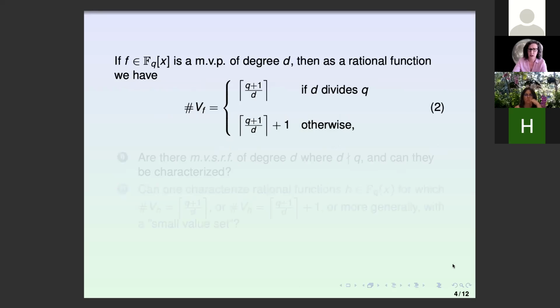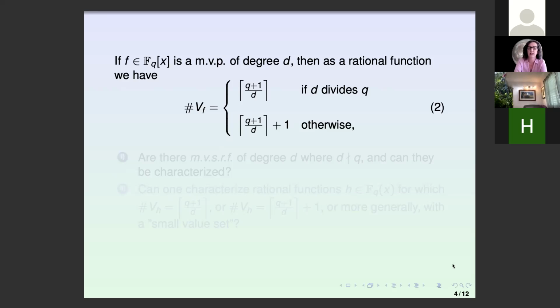First, if you take f a minimal value set polynomial, you can always think of a polynomial as a rational function too. So you can think about the value set of the polynomial as a rational function, and it fixes infinity.